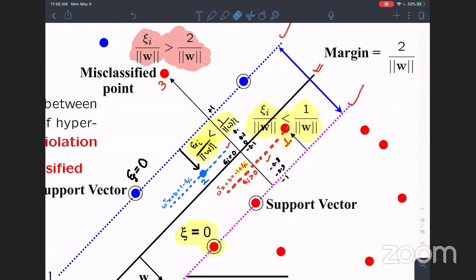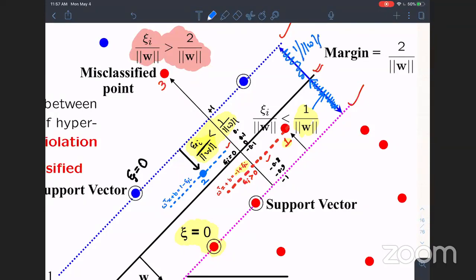So this 1 upon ||w|| was the sweet value, right? Why? Because what is this? This is this value, right? Only this part, 1 upon ||w||. And this is the other 1 upon ||w||.